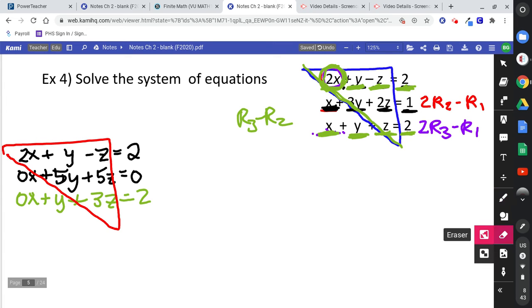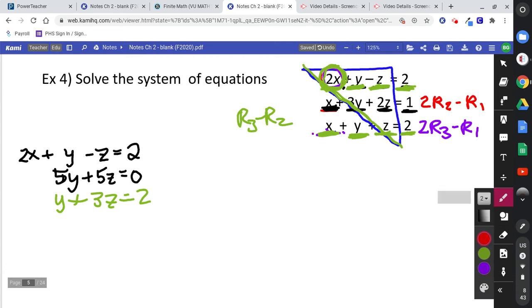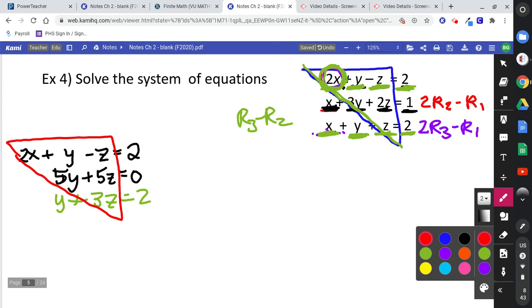We don't really need these right here, right? Okay. But we still have that y outside the triangle. And so we have to do another rule to get rid of that y outside of the triangle.